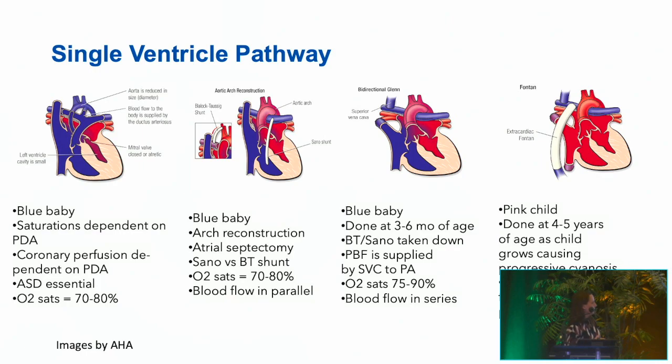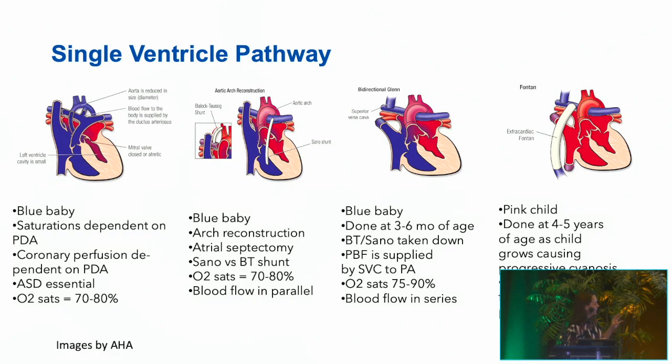So the superior vena cava is attached to the main pulmonary artery, and the Sano and the BT shunt are taken down. Now everything is in series. But you still have significant mixing because the IVC is still flowing into your right ventricle.